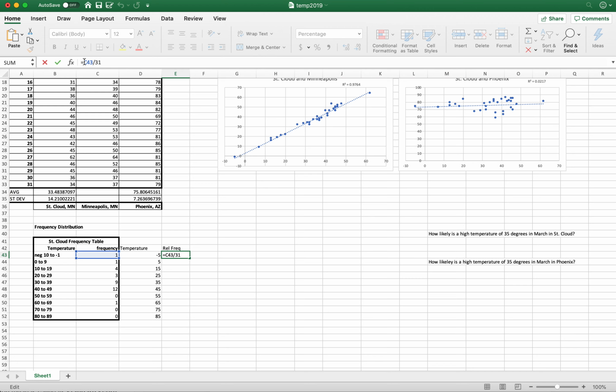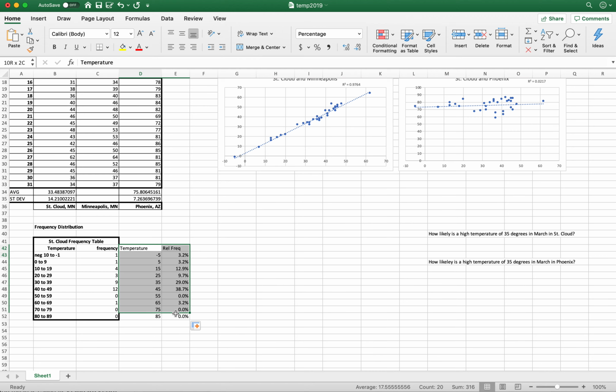I'm just going to copy this down to the rest here. You can see that the highest frequency was 12, and that translates to a relative frequency of 38.7%.